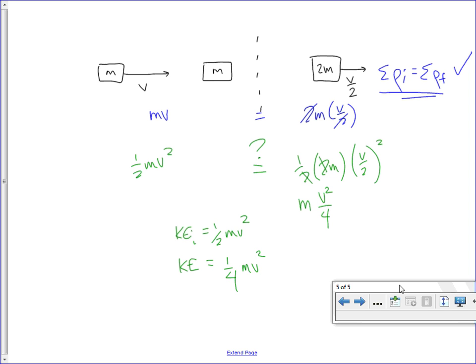So not the same, right? We lost that much kinetic energy. We went from 1/2 mv squared down to 1/4 mv squared, which means we lost 1/4 mv squared. So you can compare initial and final values of kinetic energy and see how much has been lost. But here's a proof that in an inelastic collision, kinetic energy cannot be conserved.